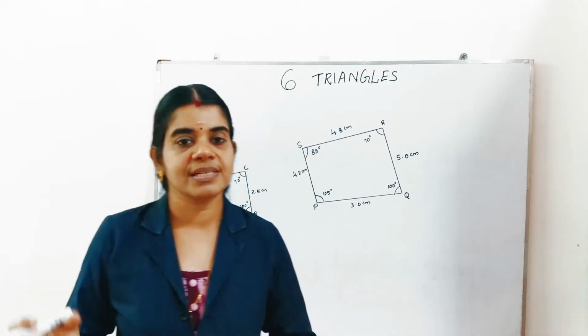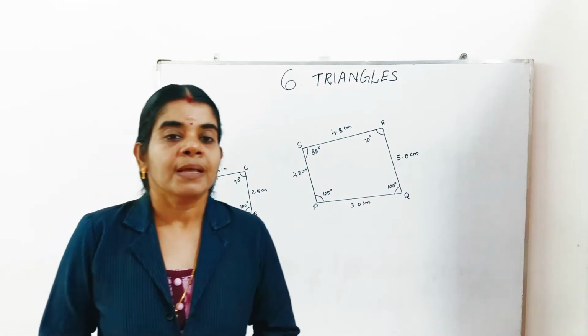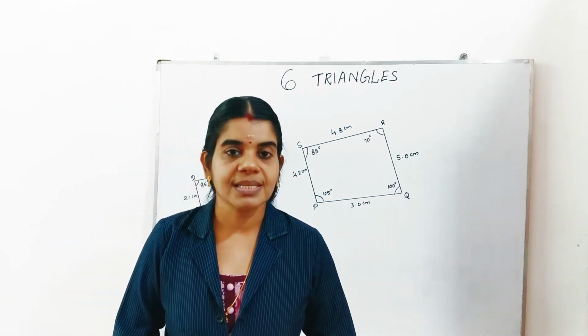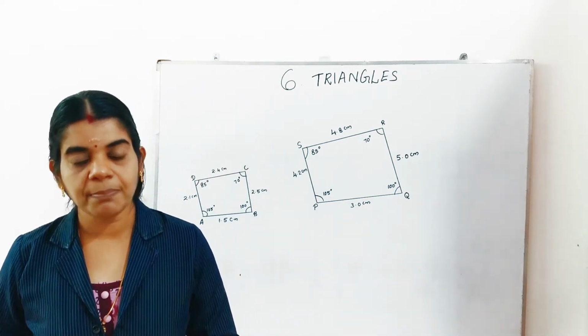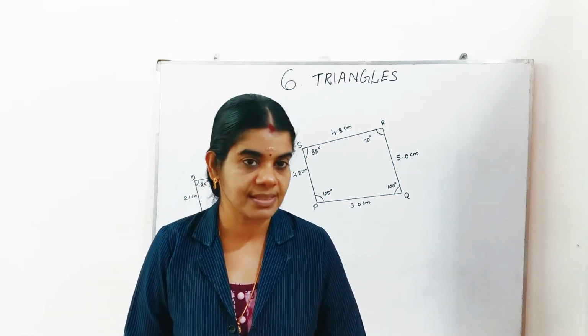All equilateral triangles are also similar figures. Then what is meant by similar triangles? Similar triangles also means same shape but different size.